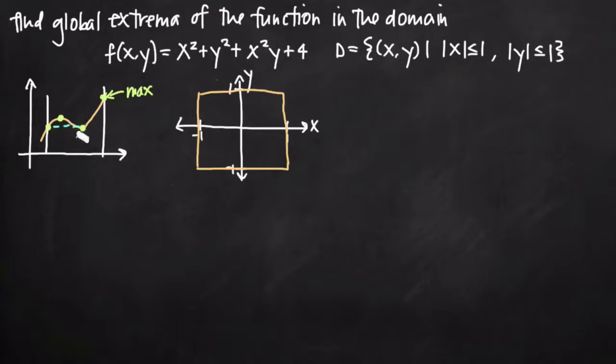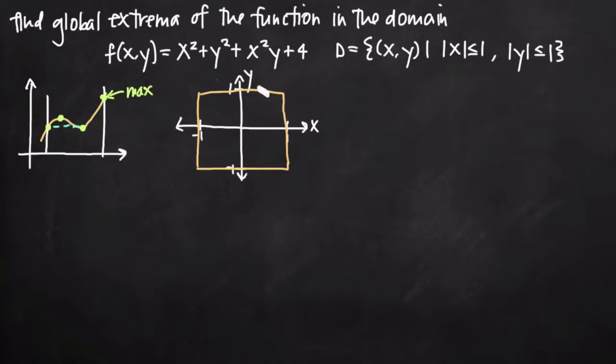Similarly to our single variable function, what we want to do is test for all critical points inside this square. We want to identify any critical points inside this square, plug them into our original function to find their value, but then we're also going to need to test the 4 edges of our domain and the 4 corners of our domain. So there's really going to be 3 steps: critical points in the middle, the edges, and then the corners.